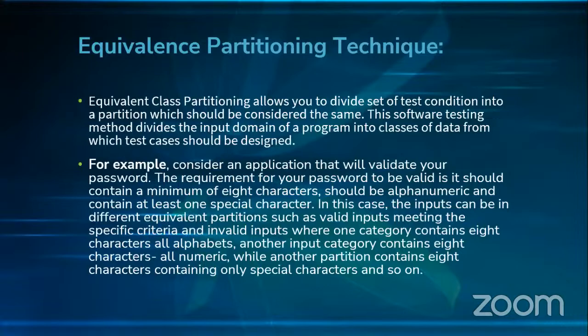It must be alphanumeric. 8 characters, 1, 2, 3, 4, 5, 6, 7, 8. Are they alphanumeric characters? No. I should test that one too. That's another part. So that's the way you do all this combination when it comes to partitioning. Those are the different ways I've collected my test data to test equivalent partitioning. That's an example. Let me take you further down to see more of it in numbers.